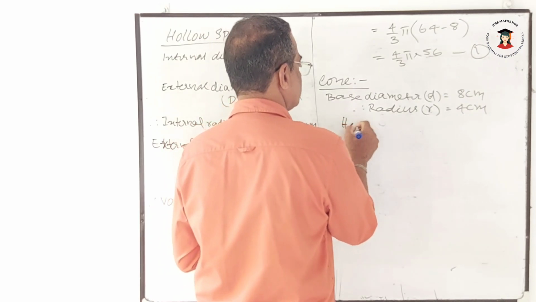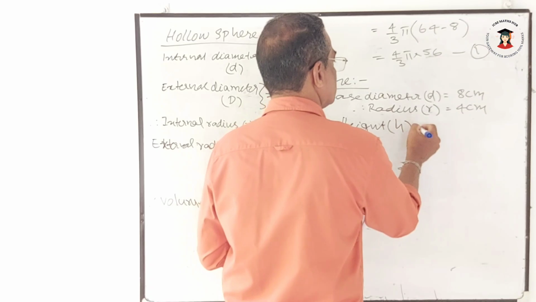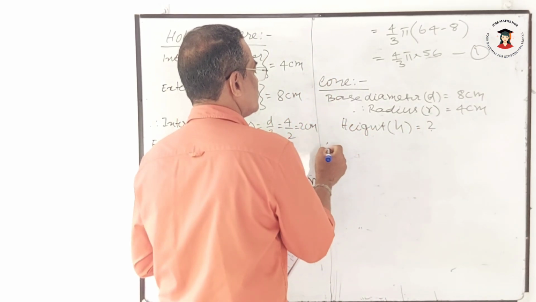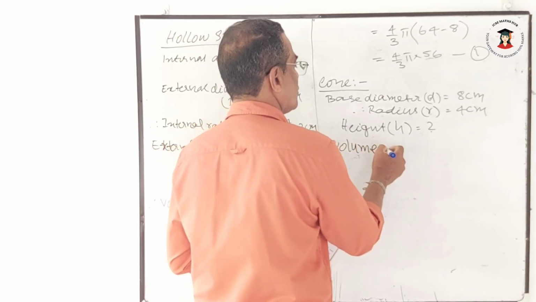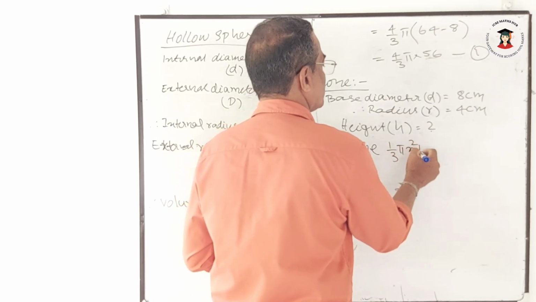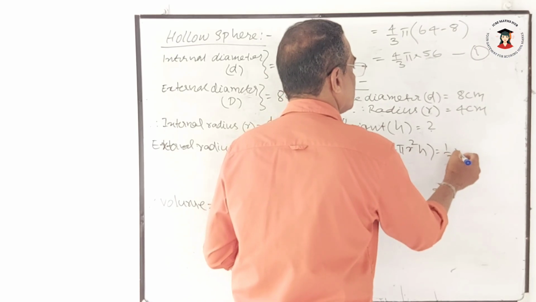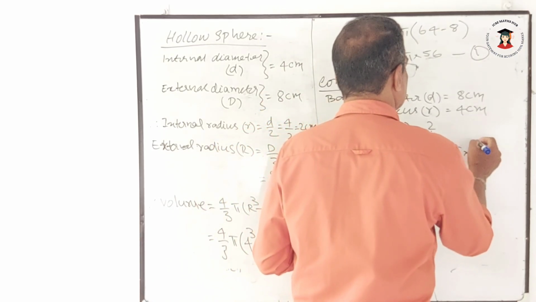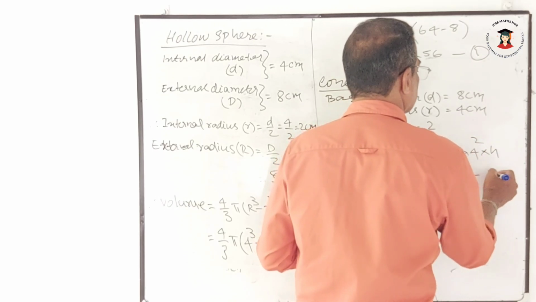Height of the cone H, we need to find it out. Therefore, volume, since it is a cone, it is 1 by 3 pi r square h equal to 1 by 3 pi into r is 4 square into h. So this is equation number 2.